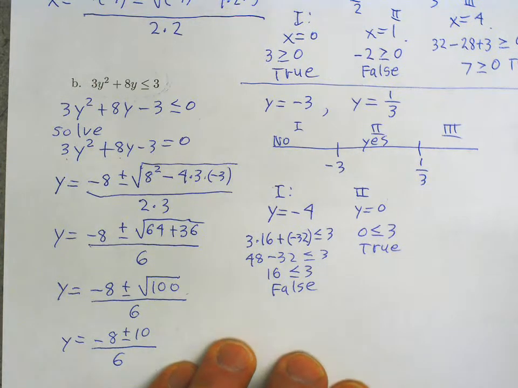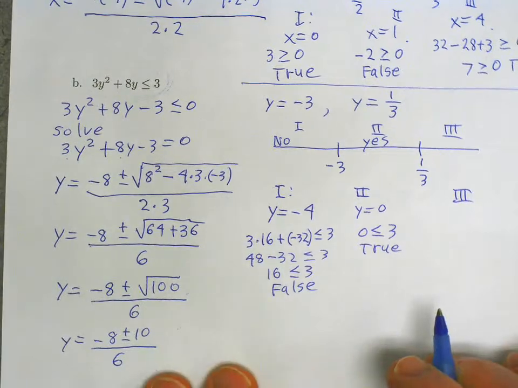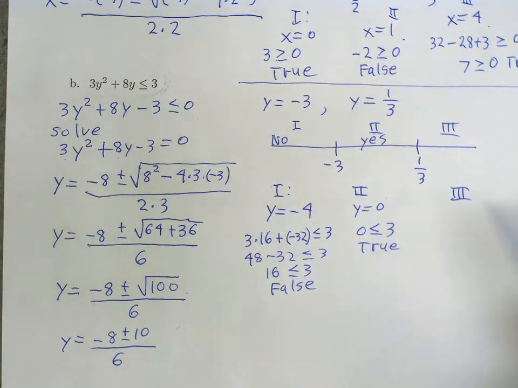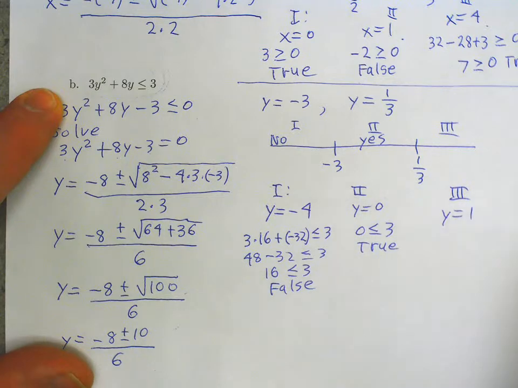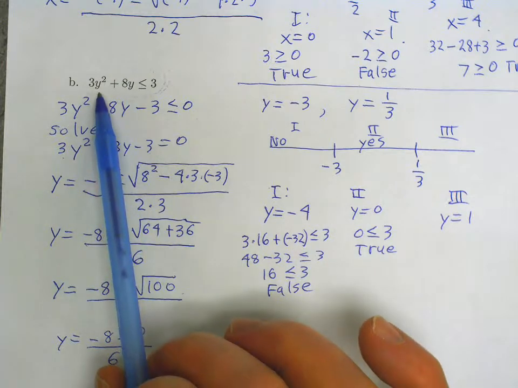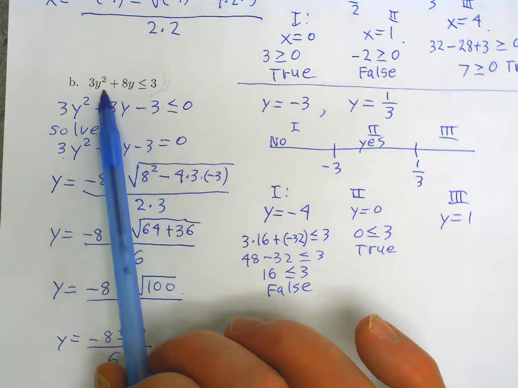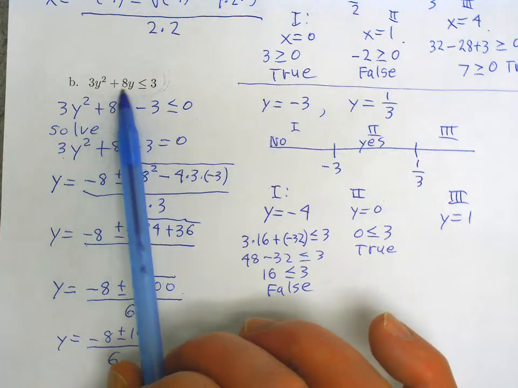Okay, in the third interval, we can pick any number we want that's greater than 1/3. 1 is in that interval, so 1 is usually a nice number to use as a test point. So in the inequality, replace y with 1. So 3 times 1 squared is just 3, plus 8 times 1.